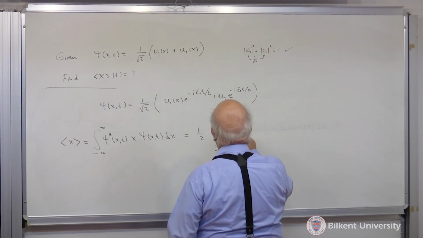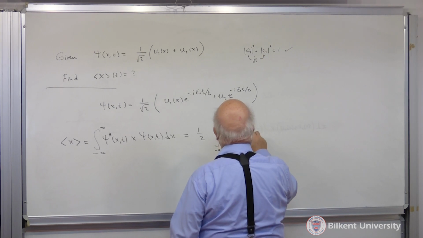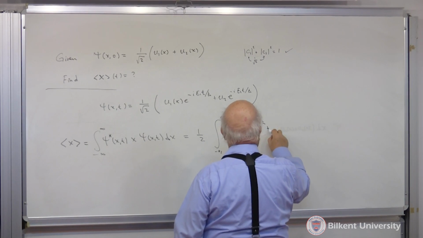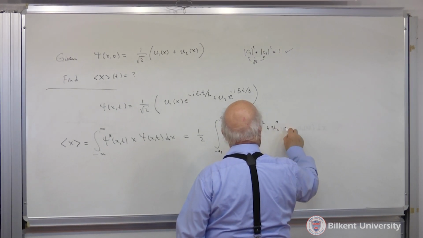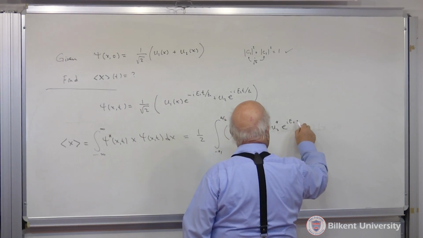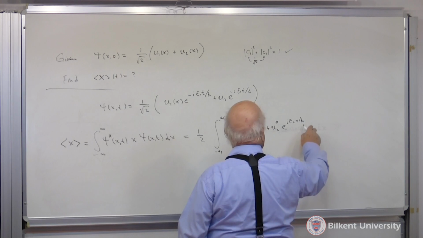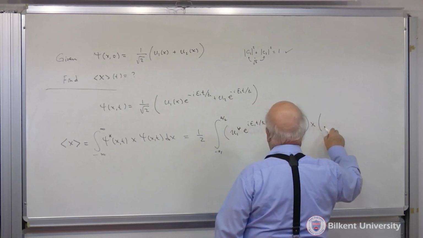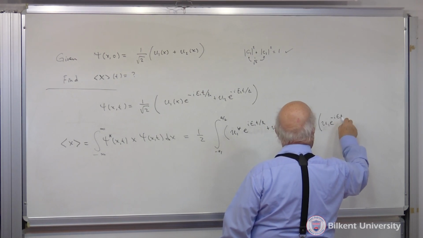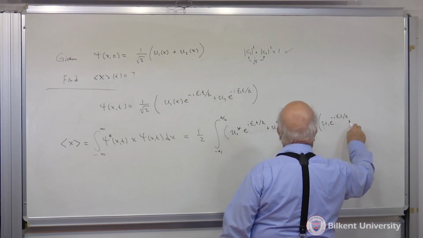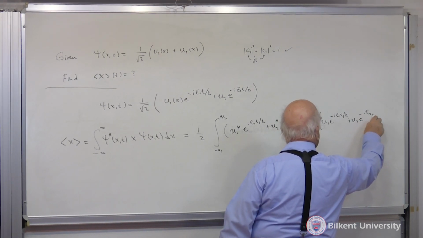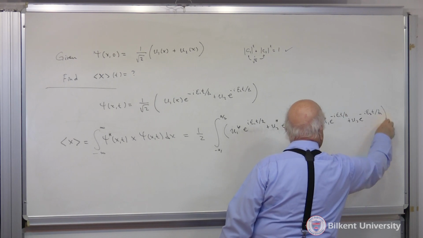So I'm going to get u1 star e to the i E1 t over h bar plus u2 star e to the i E2 t over h bar, x, and then the function u1 e to the minus i E1 t over h bar plus u2 e to the minus i E2 t over h bar, dx.